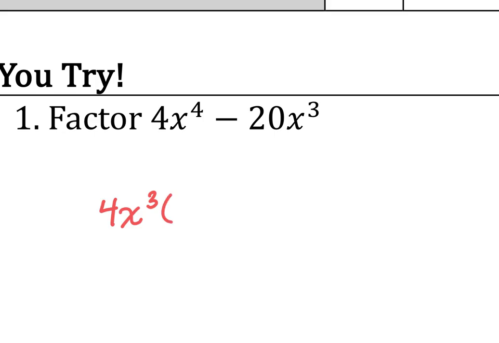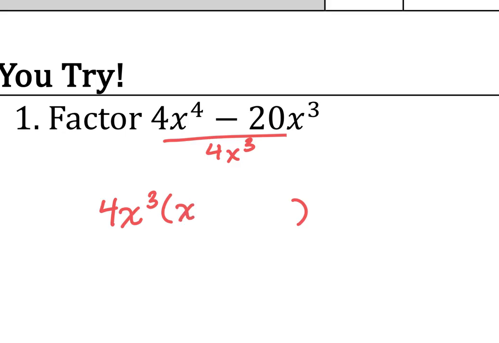So now that we have found that, we will divide by this 4x to the third power, and the remainders will go inside of these parentheses. Because again, you're thinking 4x to the third power was multiplied by what to get back to this little binomial? So 4 divided by 4 would just be 1, and I don't need to put that 1 there. And then x to the fourth divided by x to the third power, well, 4 minus 3 leaves me with x to the first.